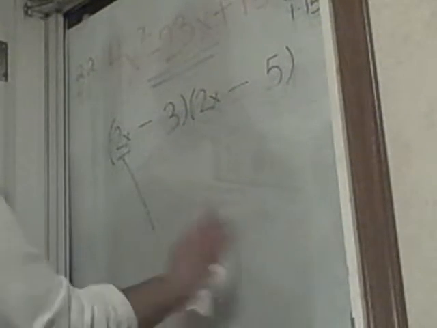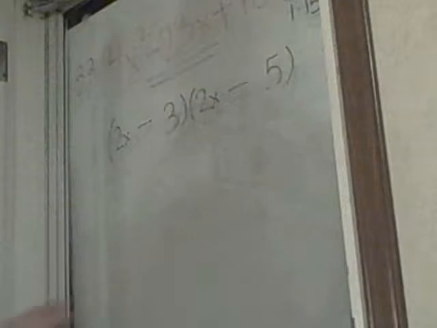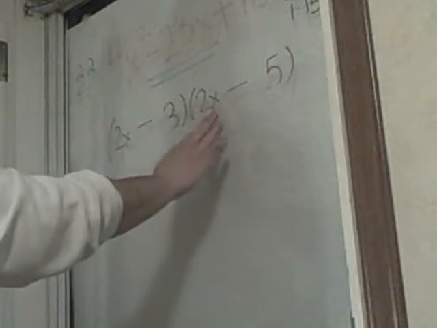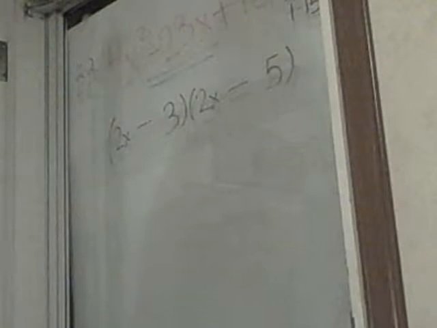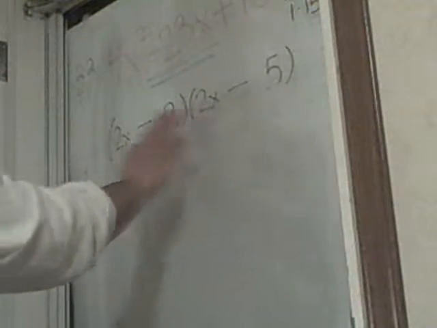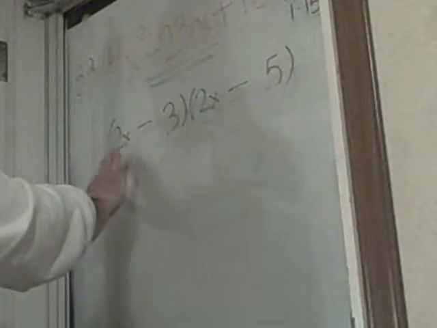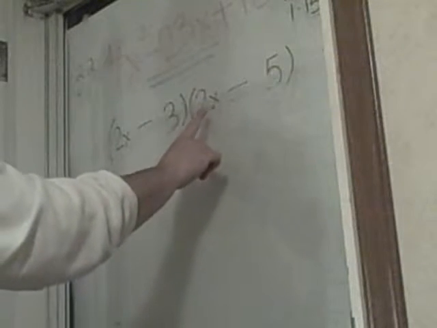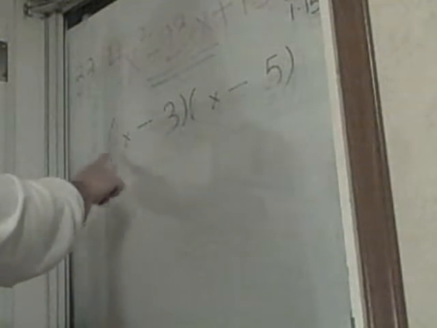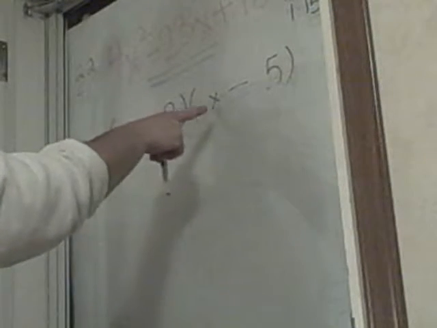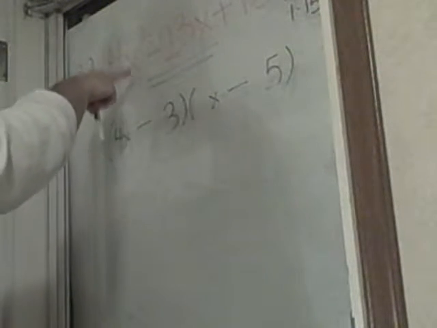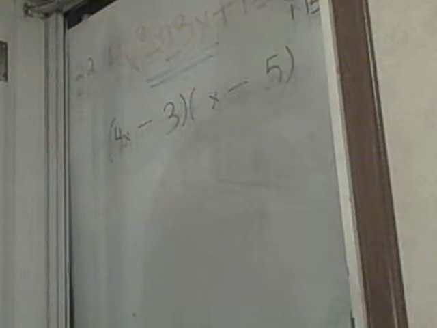So we're going to play around with it, move some things around. And well, this is 2x and 2x, so it doesn't do any good to flip the 5 and the 3 because I'm going to end up with the same thing. So let's play around with the first numbers. Instead of having 2x and 2x, we're just going to have 4x times x, which also gets 4x squared.